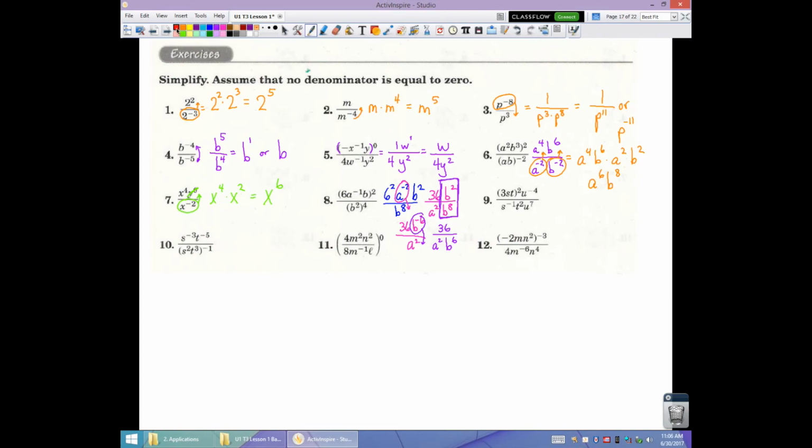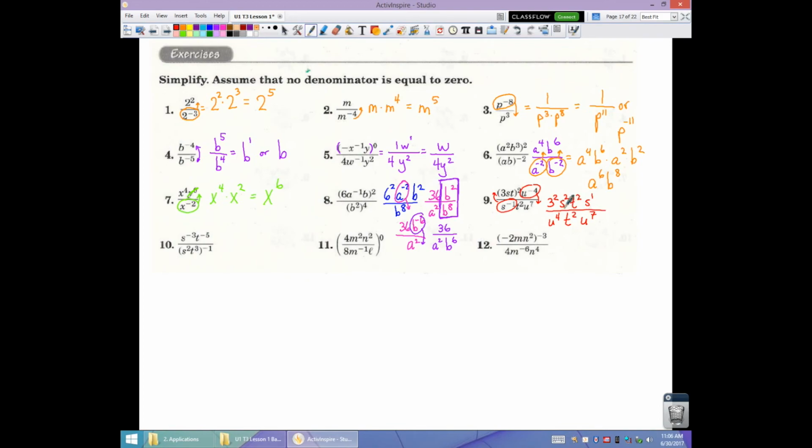Okay, number 9. The exponent 2 goes with everything in that first parenthesis, so 3 squared, s squared, t squared. The u to the negative 4, I want to move down to the denominator, so u to the 4th. This s to the negative first, I'm going to move up to the numerator and make it positive. T squared is in the denominator, and u to the 7th. So what can I simplify here?